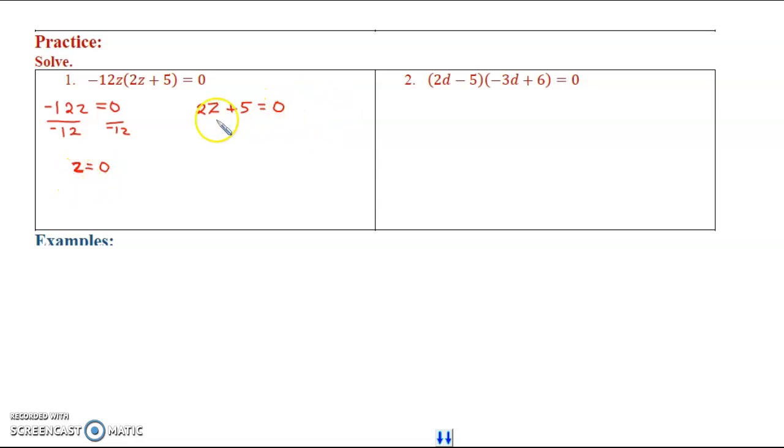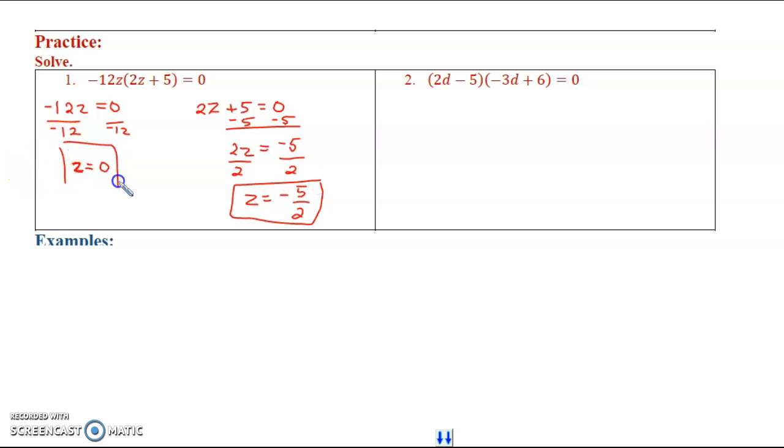That is a z. Then I have 2z plus 5, so subtract 5. Z equals -5/2. So z would have to be either 0 or -5/2.